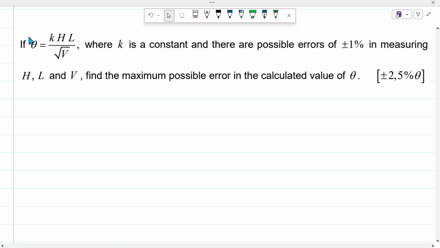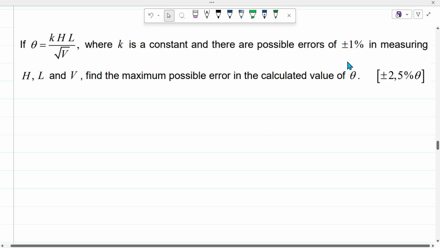So what is this? They said find the maximum possible percentage error. So we are calculating the maximum percentage change. You should remember that when we are substituting our values of percentage changes of these different variables, we should take the sign that makes the multiplication of the partial derivative and the change positive.